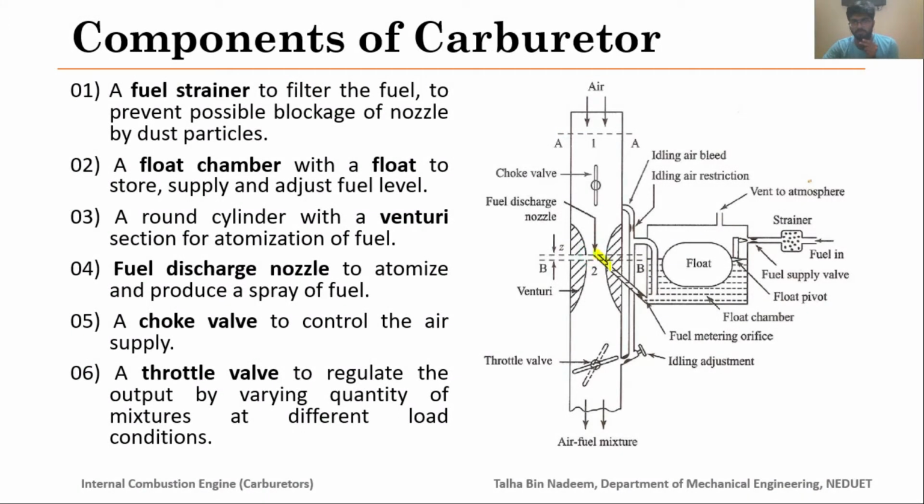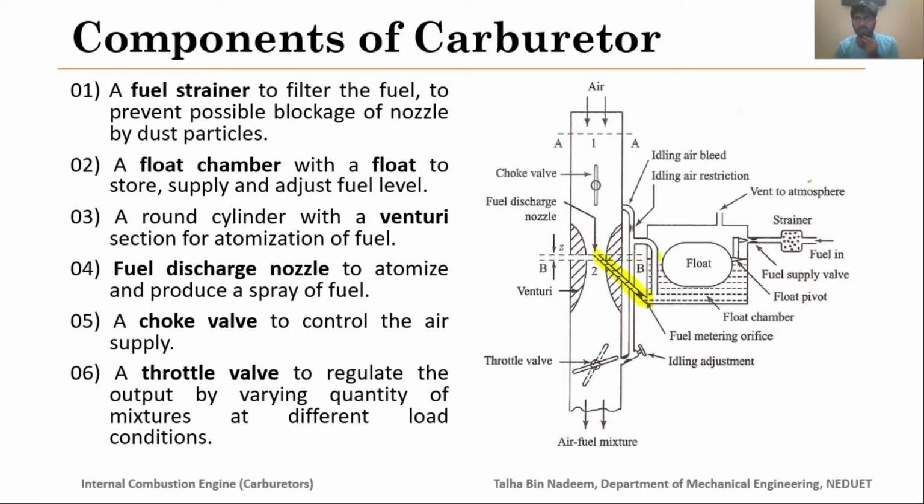The fuel metering orifice, which provides the fuel from the float chamber to the venturi throat, is the fuel metering system, because it allows only that much fuel as the pressure difference between the throat and the float chamber permits, and obviously it won't be enough for the better operation of the IC engine.